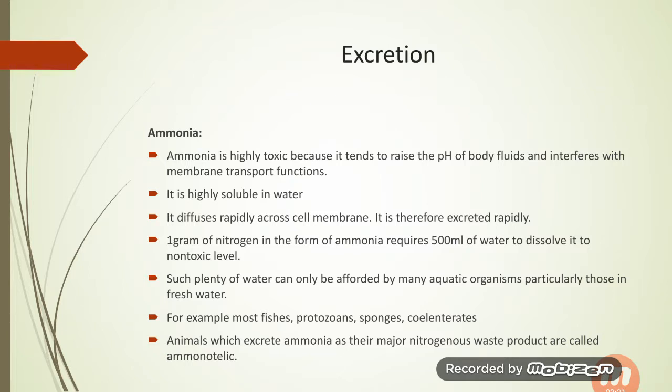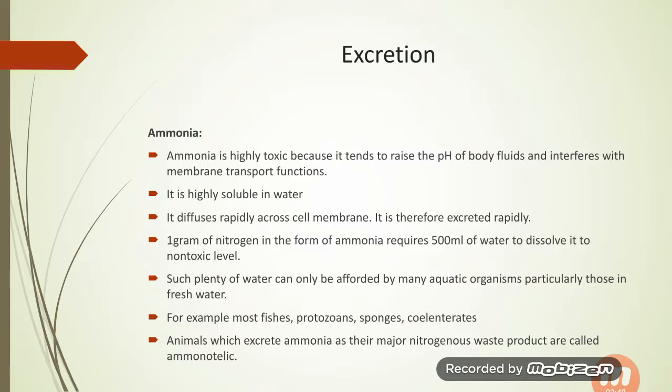Now if we talk about ammonia, it is a highly toxic substance out of all the three because it tends to raise the pH of the body fluids and it interferes with the membrane transport functions. It is highly soluble in water, so it needs a high amount of water.